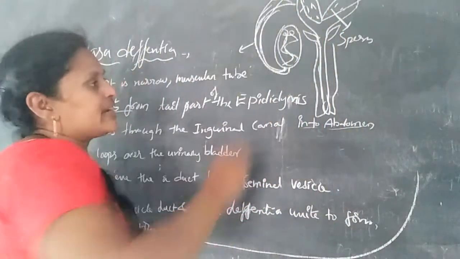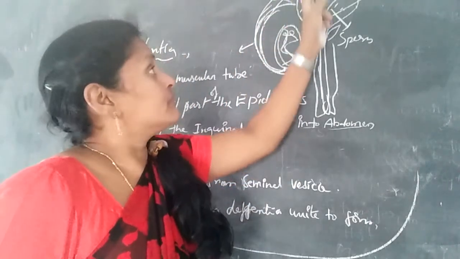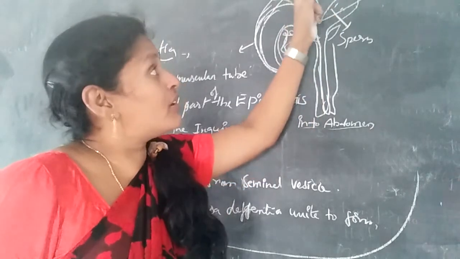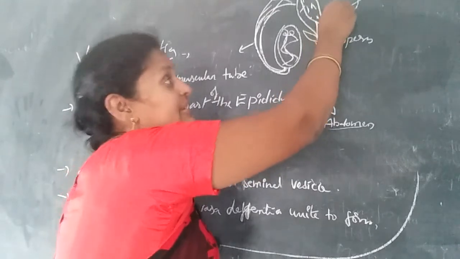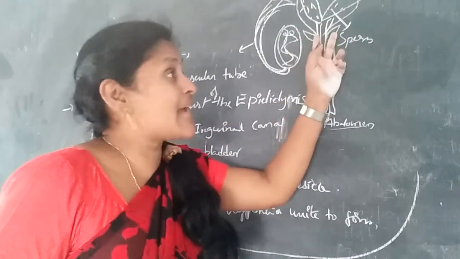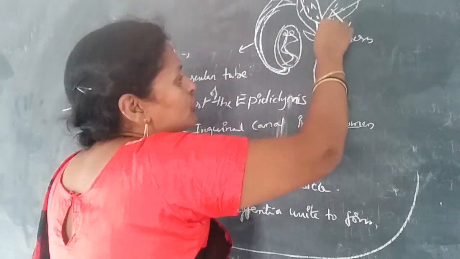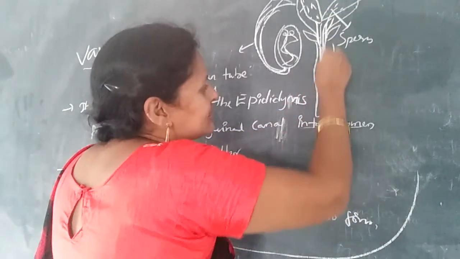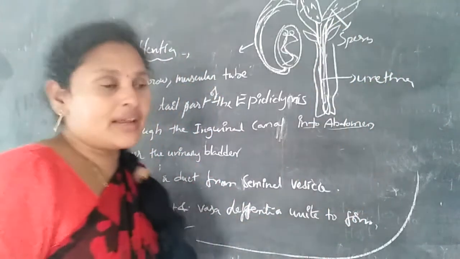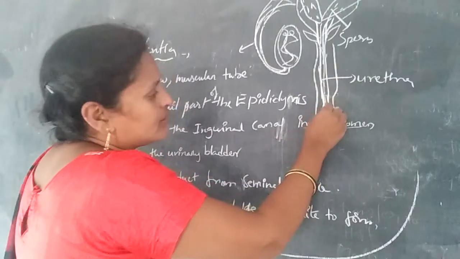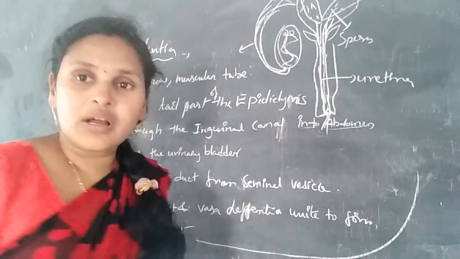They carry sperms into the urethra, pass into the urethra, and then to the urethral meatus, which opens. Then the sperms go outside.